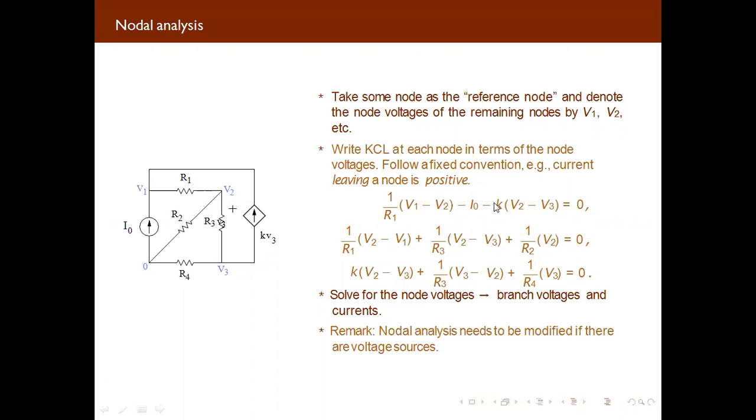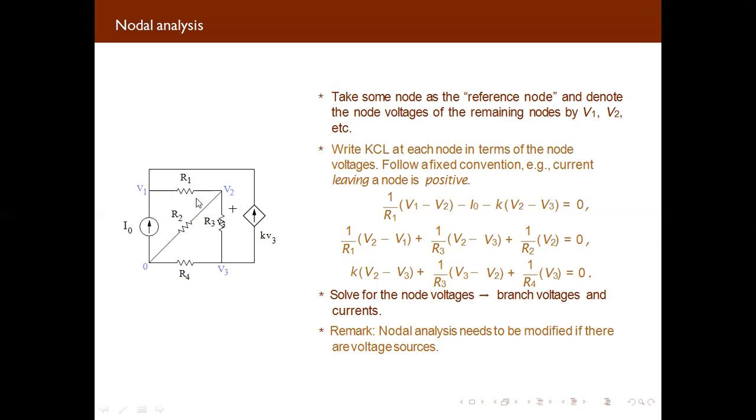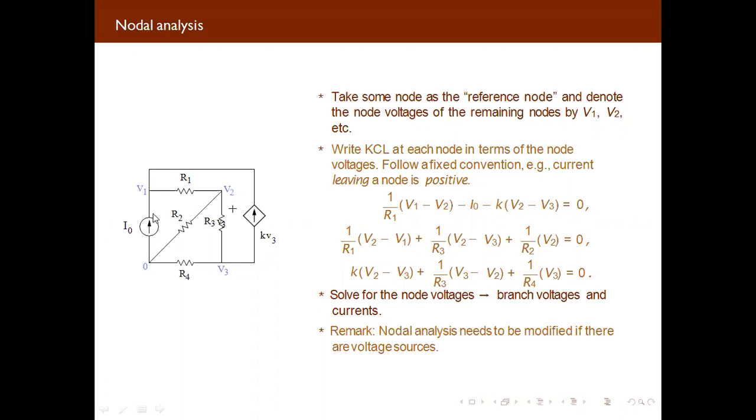And why did I take a negative sign here? You can see for V1 minus V2 upon R1 I have taken positive. But why have I taken the negative sign here? Because you can see the direction of the I0 symbol is incoming here, it is not outgoing, and we are taking leaving the node as positive.